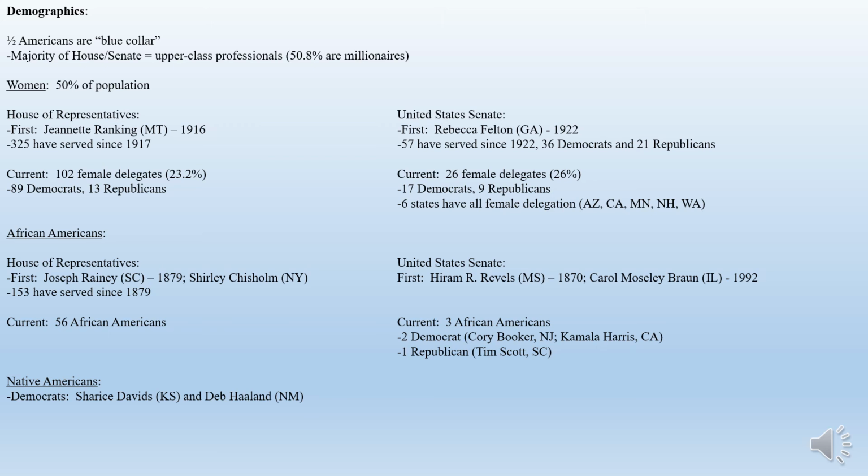Since 1917, when she took office, there have only been 325 female members of the House of Representatives. But one thing to note is that currently there are 102 females serving in Congress right now. That is the high point for Congress.